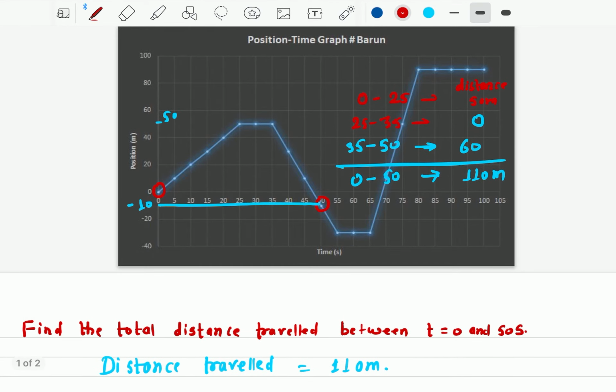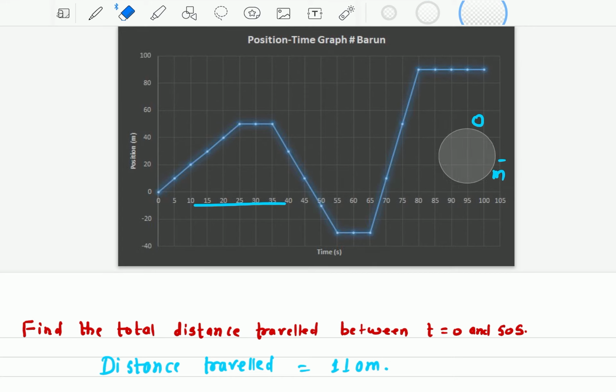Within this window, how are you going to find the total displacement? All that matters is what your initial position is and what your final position is. It doesn't matter what is happening in between. So let me circle the 0 and the 50 second. All that matters is these two positions.